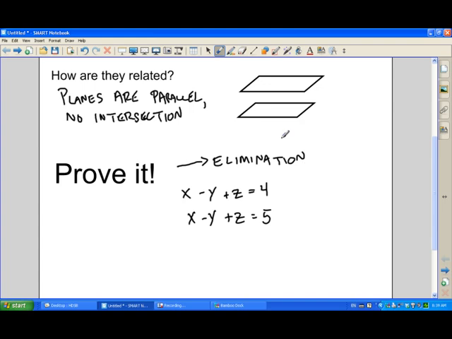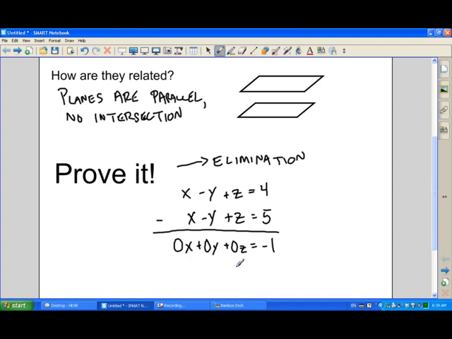Remember that elimination is a method where by adding or subtracting equations to each other, we eliminate at least one of the variables. So if I take these two equations and I subtract them, I'll have x take away x, we get 0x, negative y take away negative y, we get 0y, z take away z, 0z, and here I get 4 take away 5, which ends up being negative 1.